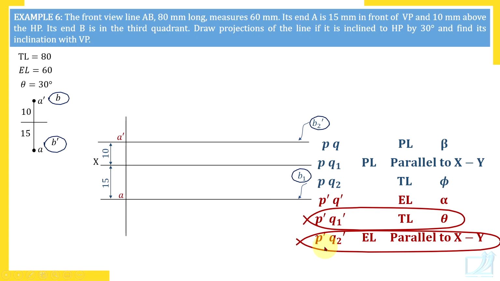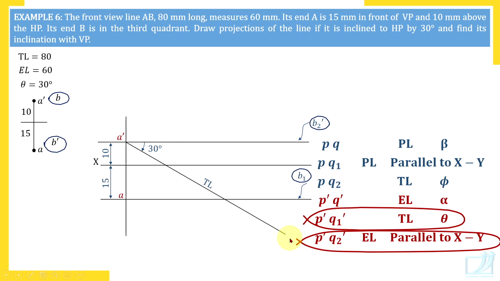So let's draw P dash Q2 dash. In this case, of course, we can say A dash B2 dash. So here it is A dash. And we want front view of the other end below XY line. So A dash B1 dash, 80 millimeter long line at an angle 30 degrees, because that is angle theta.